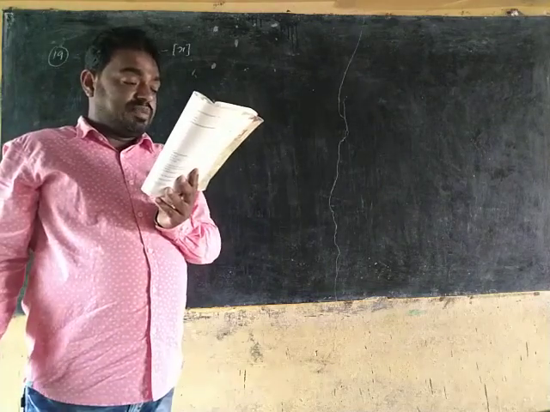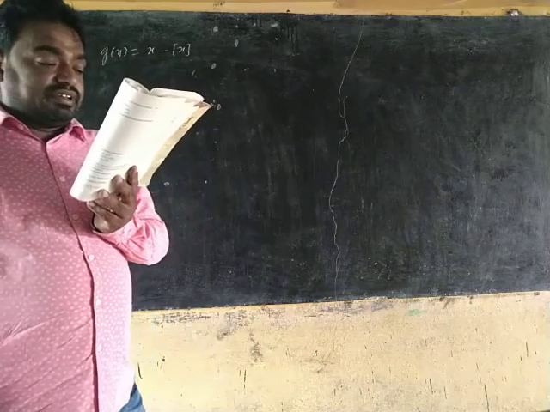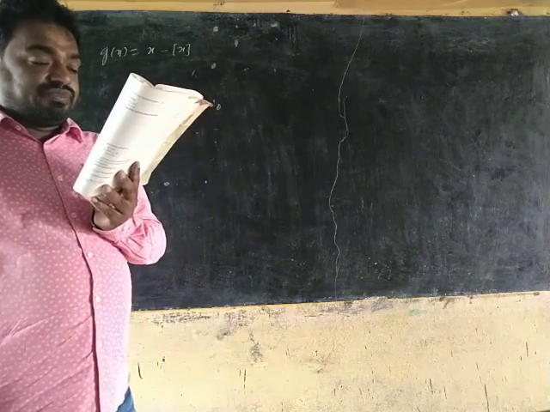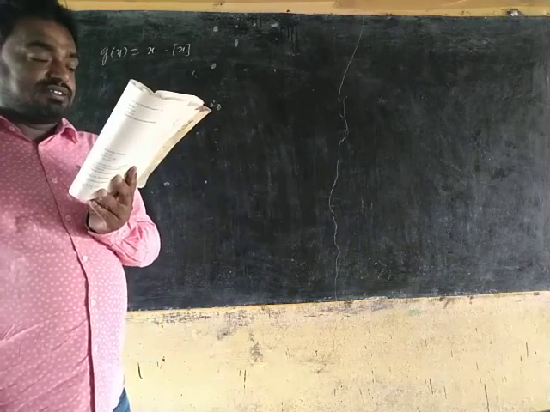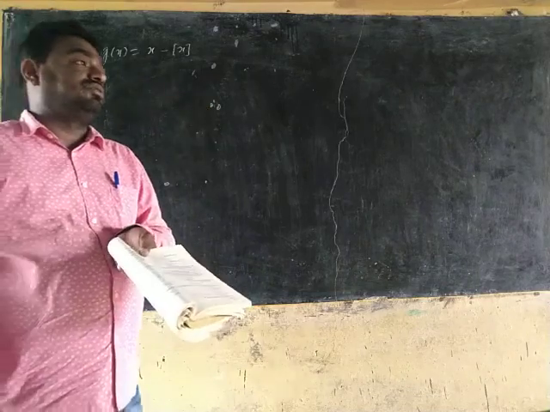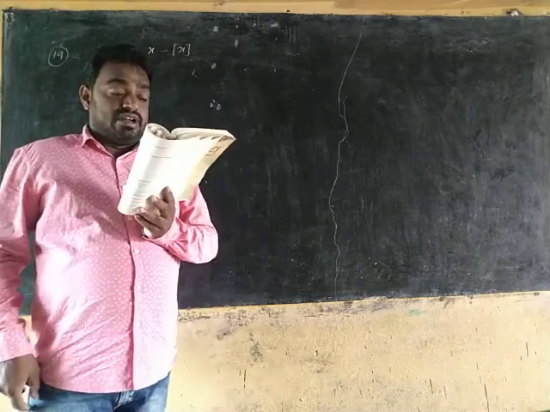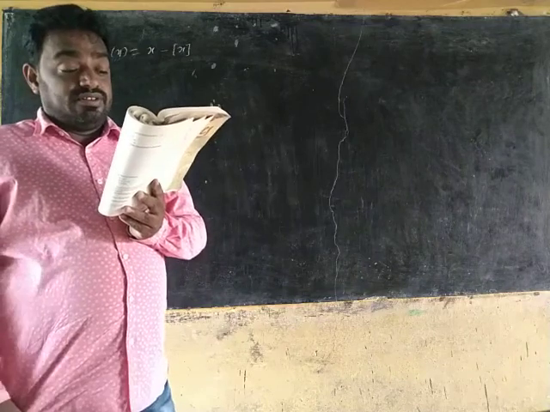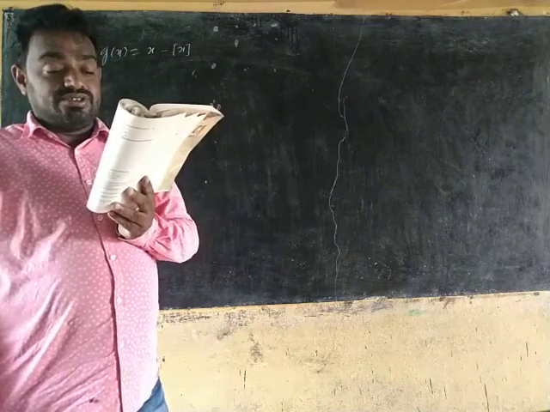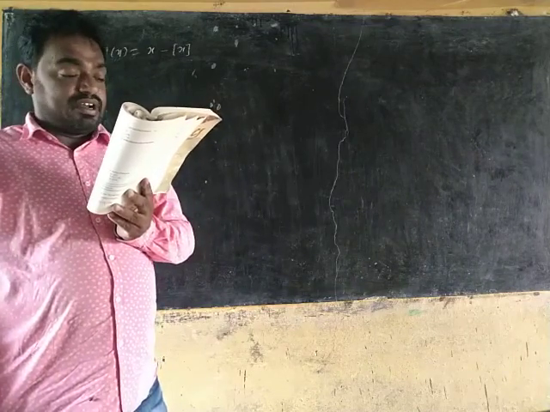Here [x] denotes the greatest integer less than or equal to x. What we need to prove here: show that the function g is discontinuous at all integral points.